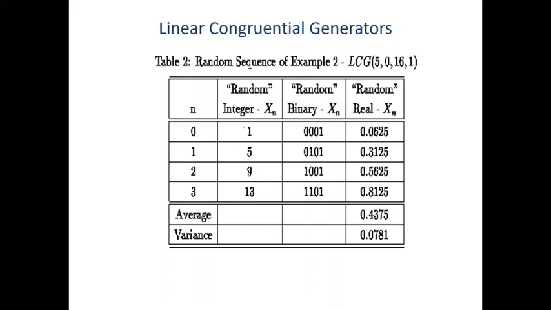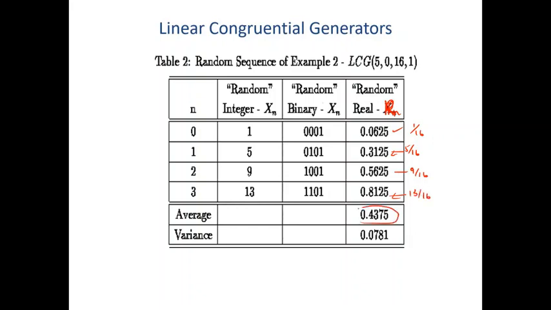For this generator, if I try to substitute the binary equivalent values and the corresponding real number Rn, 1 by 16 is 0.0625. Then 5 by 16, I'll get this. This is 9 by 16 and this is 13 by 16.